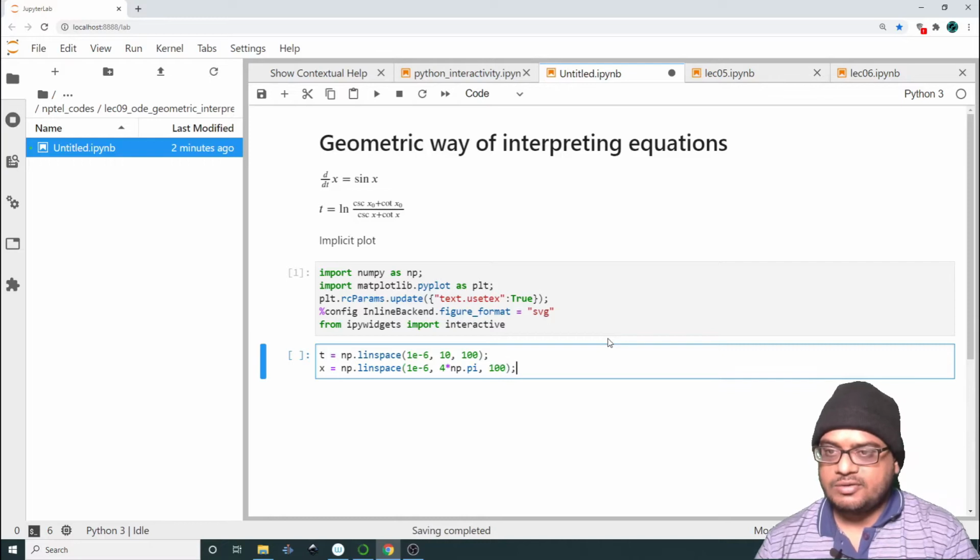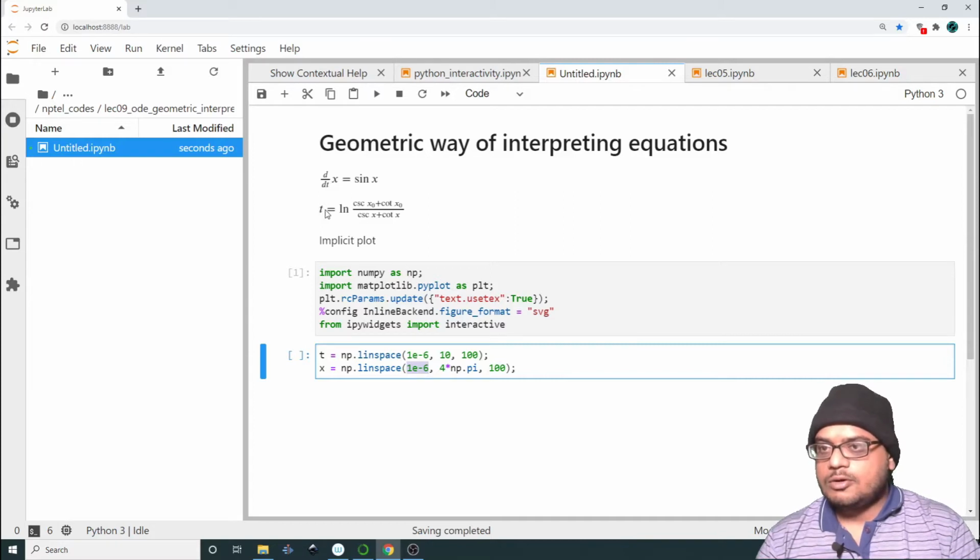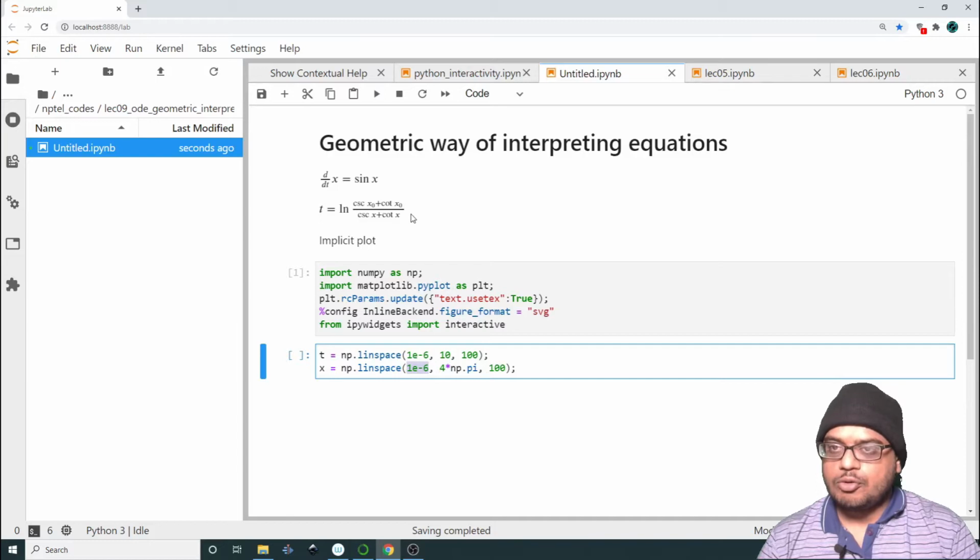Let me take 100 points in this. And the reason why I'm choosing 1e minus 6 is because I don't want this to be 0, because log of, so 0 is fine for time, but once we have 0 appearing inside the log, it will blow up. So I want to avoid dealing with those, and you can later on play with this and see what happens.